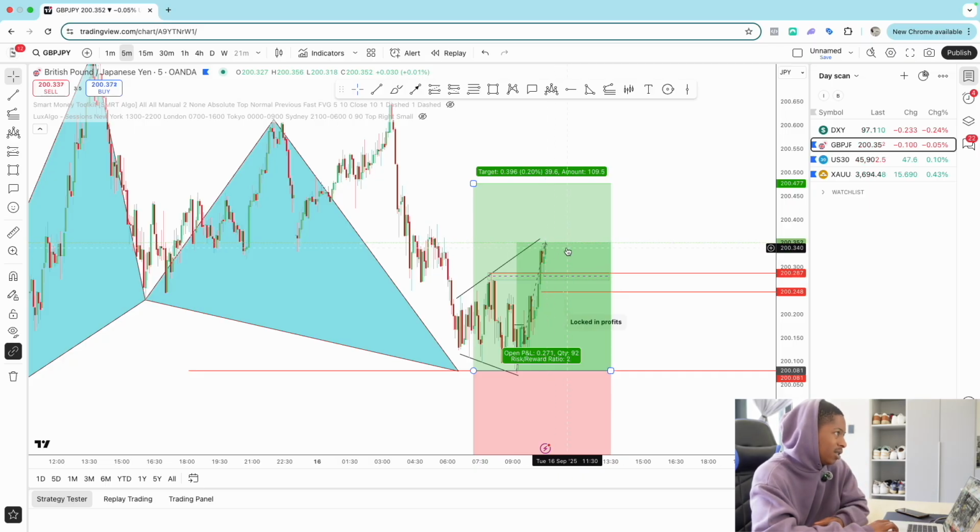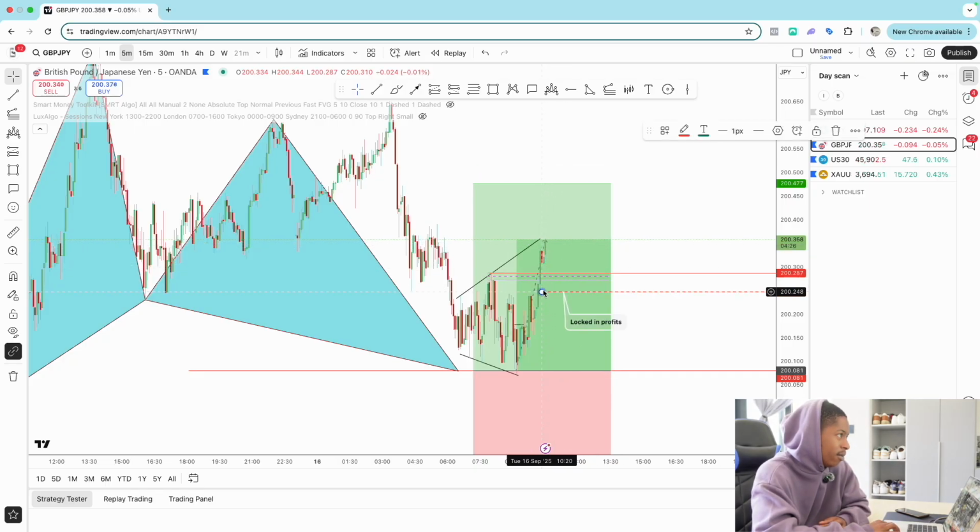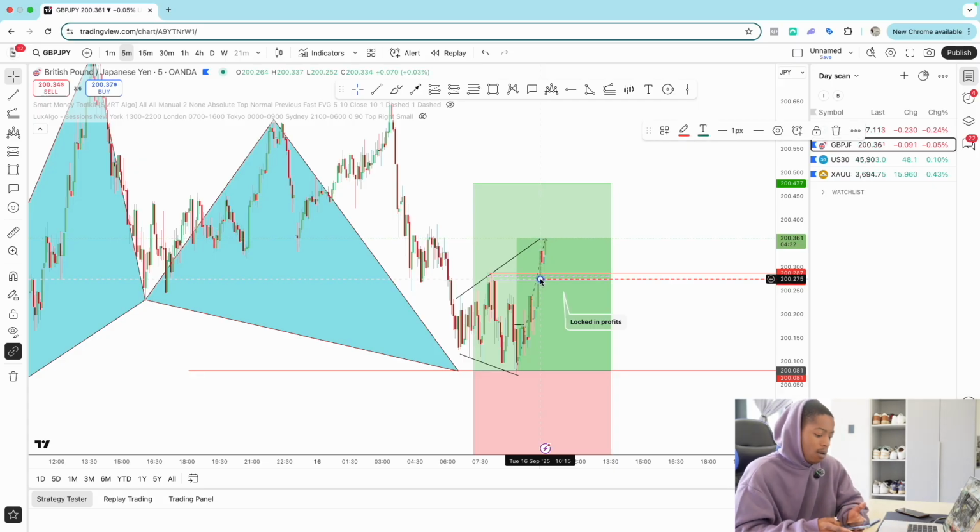So what I should just rather do is max lock in profits. I'm just locking in profits as much as I can, because already, bro, we protected capital, which is the first rule. But now it's no longer about protecting capital anymore.